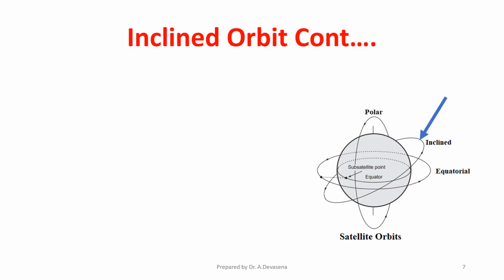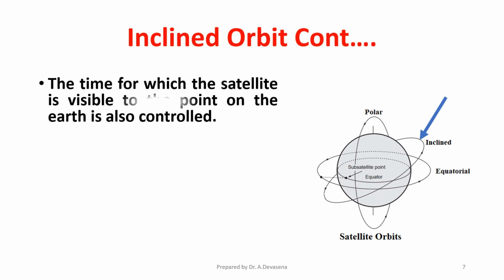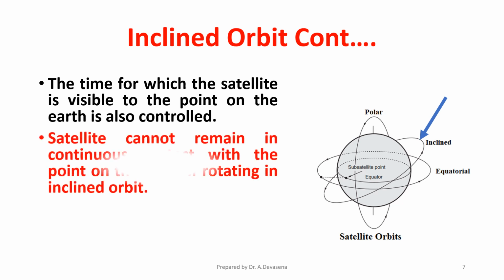The time for which the satellite is visible to the point on the Earth is also controlled. A satellite cannot remain in continuous contact with the point on the Earth if rotating in an inclined orbit. Sometimes inclined orbit is also called elliptical orbit.